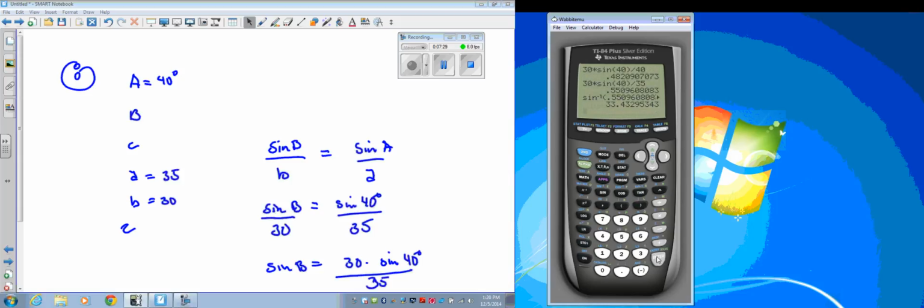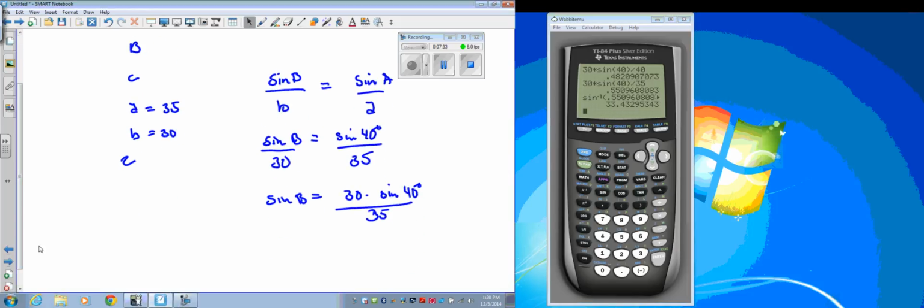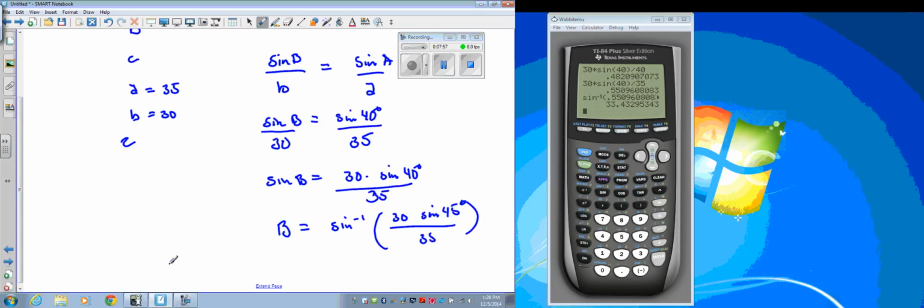It's 33 degrees is what B is, right? Because I'm doing sine inverse of 30 sine 40 over 35. And that gives me the 33.